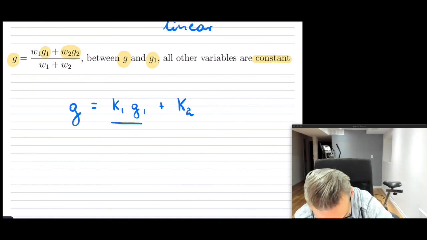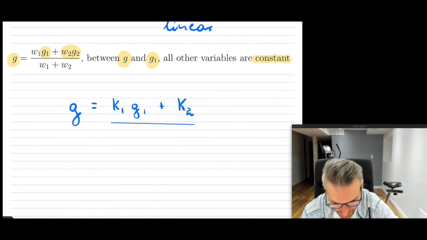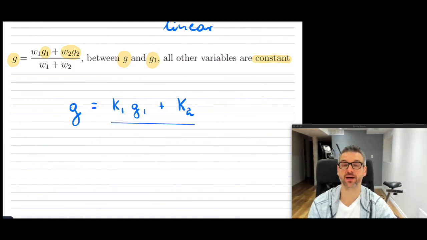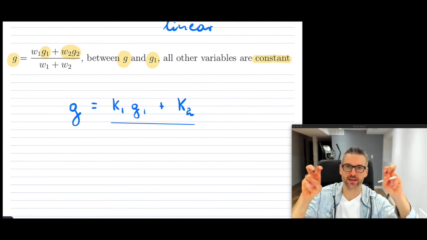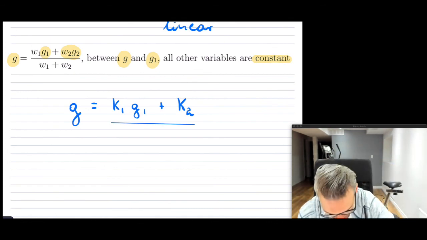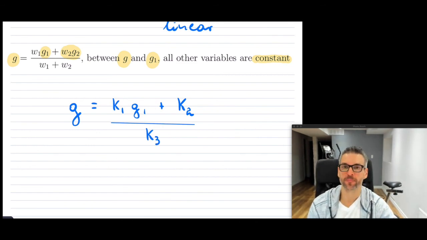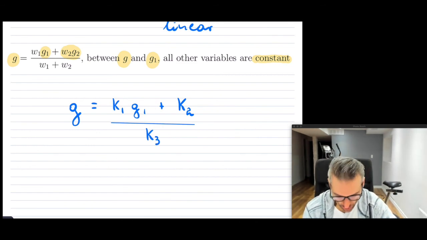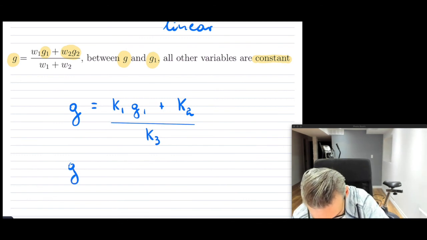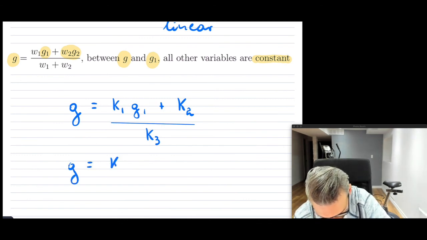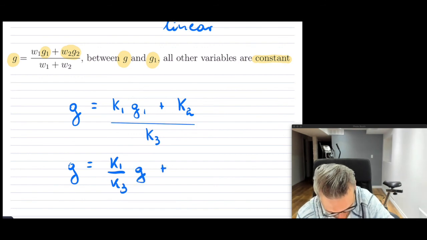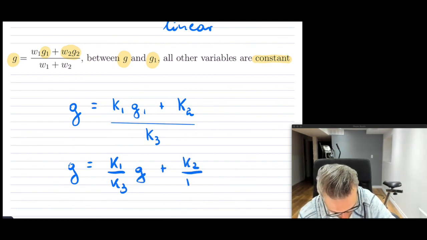And then in the denominator, because W1 plus W2 are constants, they're just some numbers, so that would have been some number K3. And now I have G is equal to K1 over K3 G1 plus K2 over K3.